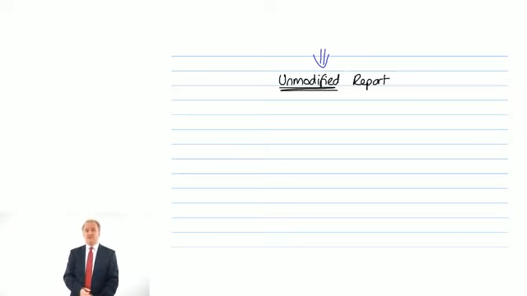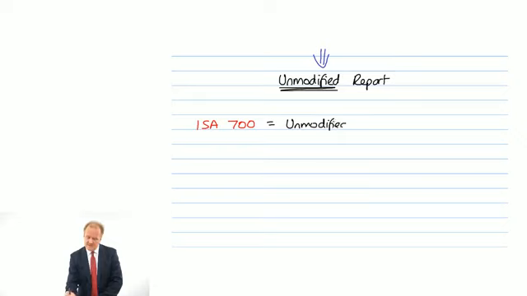Just to throw in some audit standards at this point, there are 3 of them involved here. ISA 700 is the last thing I just did. This is the basic unmodified report.